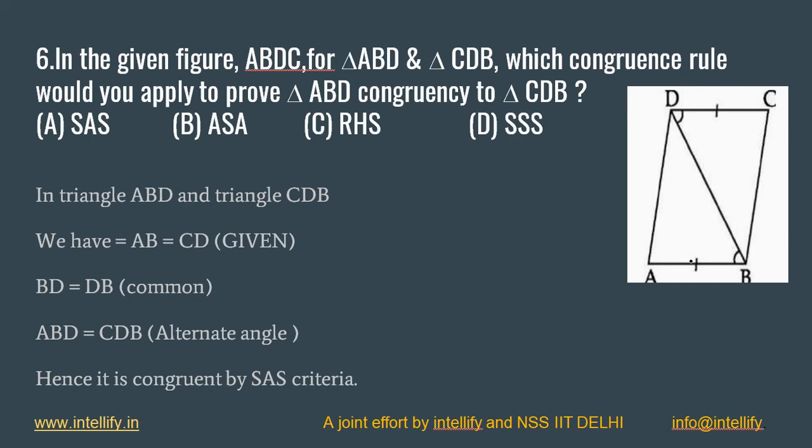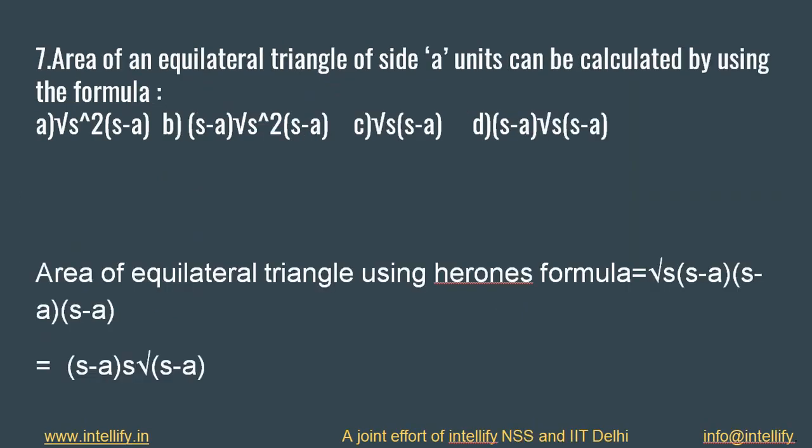So we have two sides and the angle between them equal. So we can conclude by SAS criteria, that is side angle side criteria, the triangles ABD and CDB are congruent.